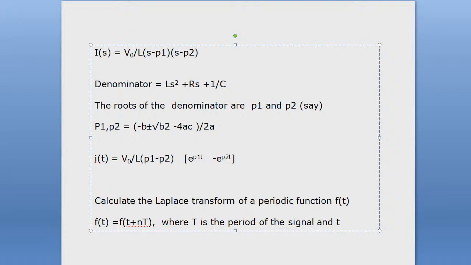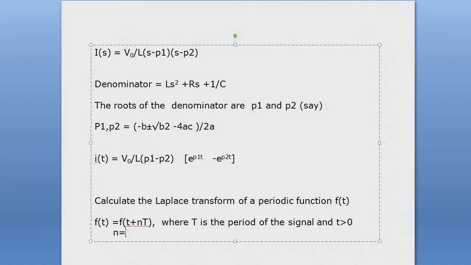If t is less than 0, then instead of plus you need to use a plus minus sign. So you just consider t greater than 0. So n equals 0, 1, 2, 3 and so on, up to infinity.